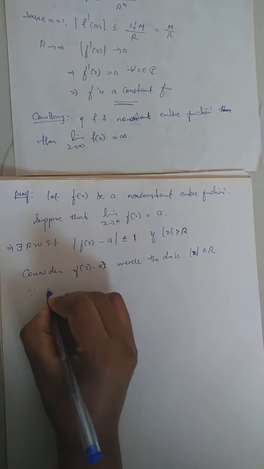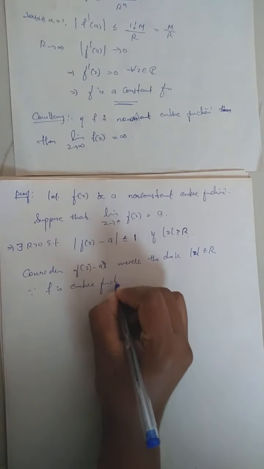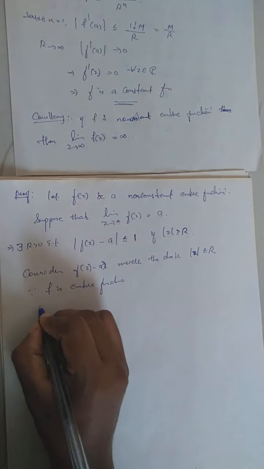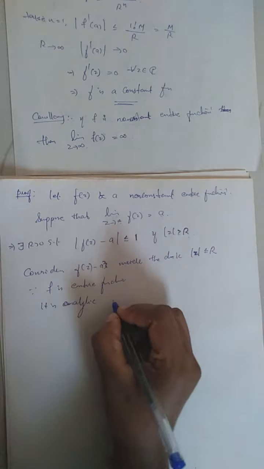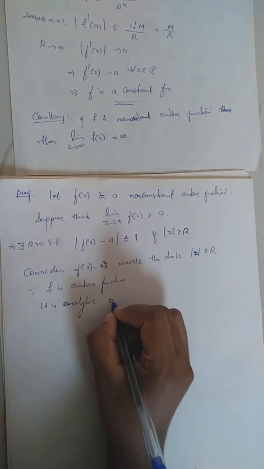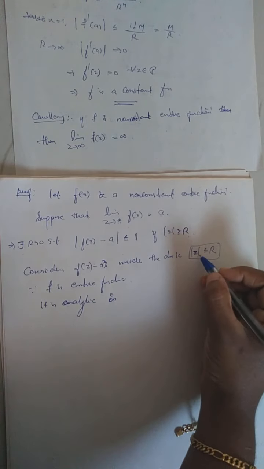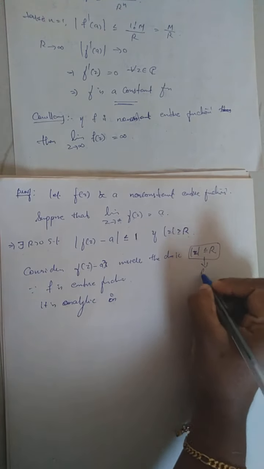Since f is an entire function, it is analytic, right? It is analytic in this set. Mod z less than or equal to R is a compact set, right? It is a compact set.